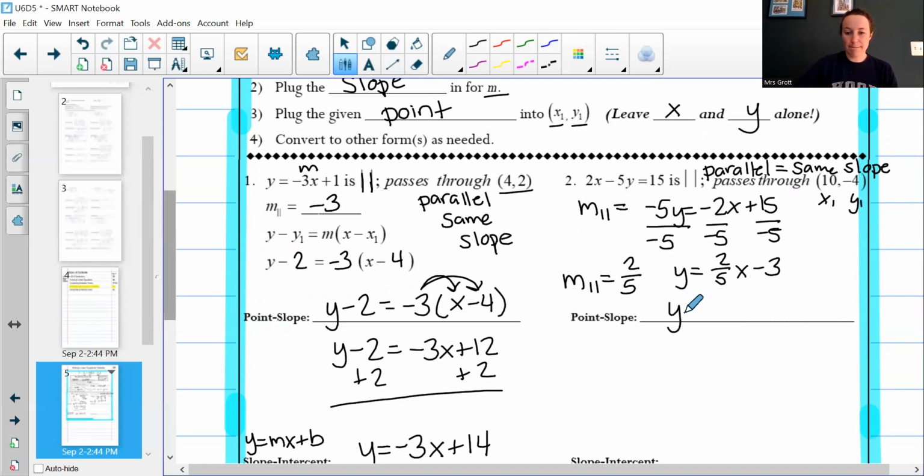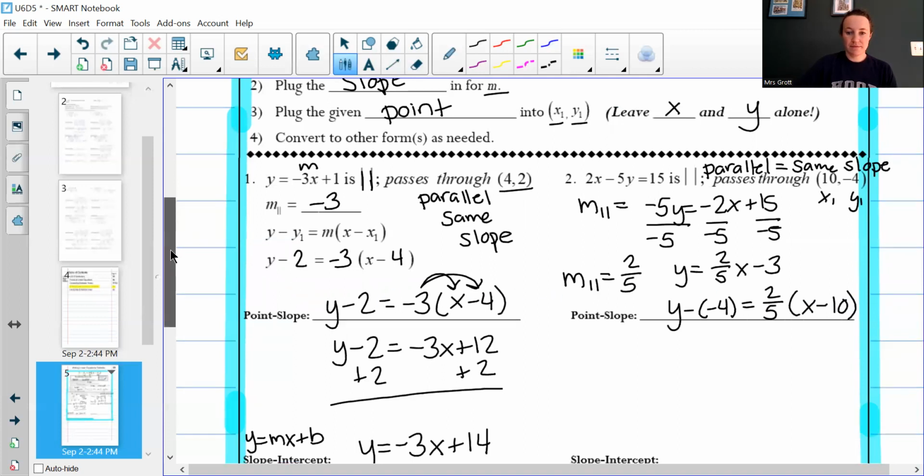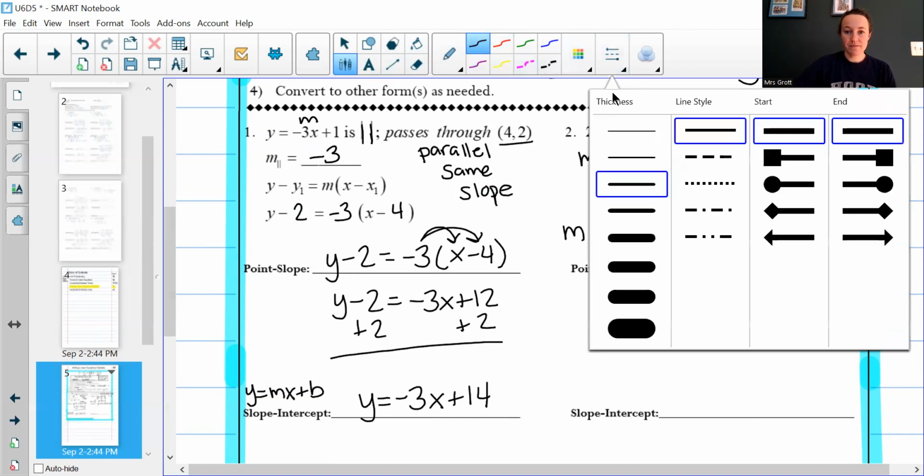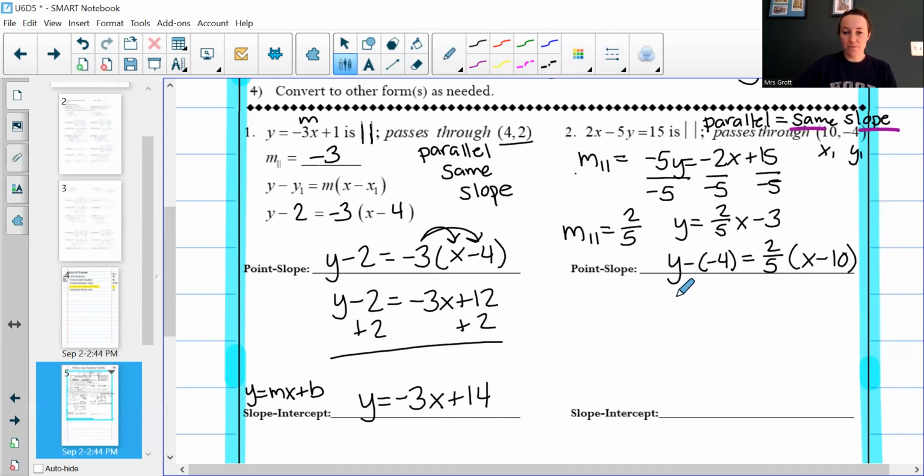So we have y minus -4, same slope, so 2 over 5, x minus 10. Okay, parallel lines, just hitting it one more time. Parallel lines, always the same slope. So point slope form, we've got y, double negative becomes a positive.